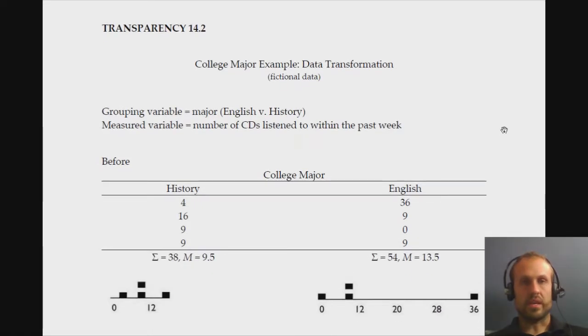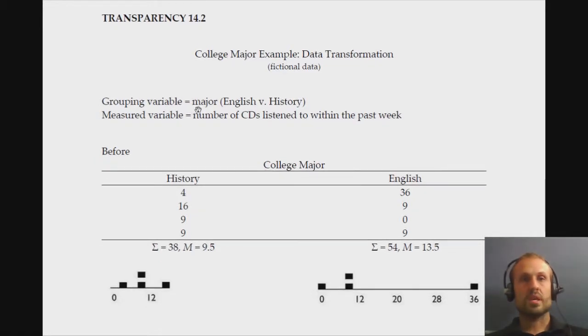Let's look at a very simple example, college major example. So one thing I can do is transform my data to be more normal, so to speak. And then I can go back and use the tests and the techniques that we have developed and discussed.